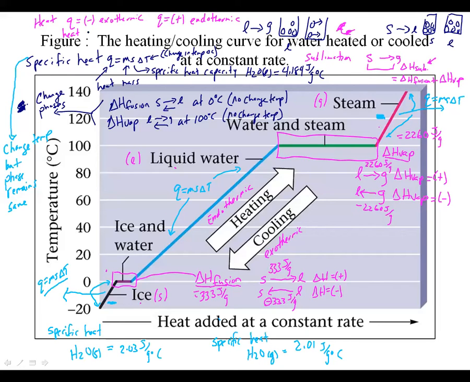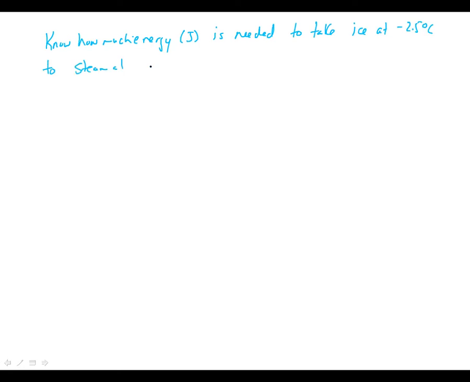All right, so why don't we try one just to see how this calculation would take place. I'm just going to make it up here and I'll do it with you. So let's say we want to know how much energy in joules is needed to take ice at minus 2.5 degrees Celsius to steam at 105 degrees Celsius.